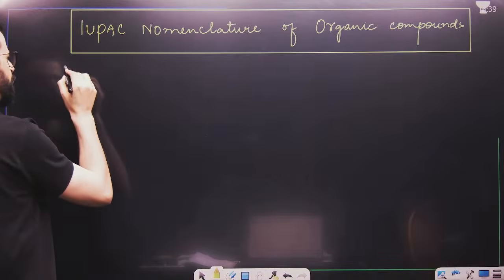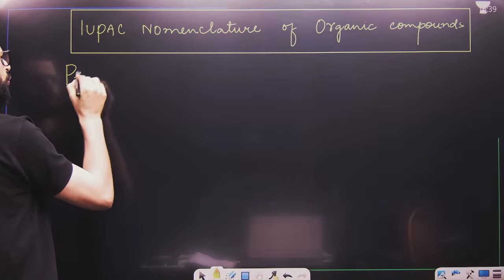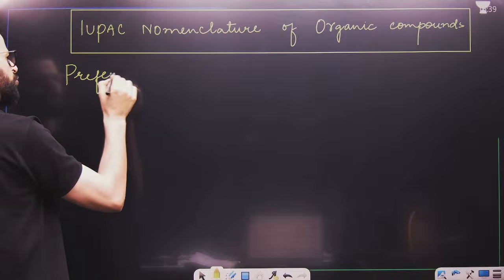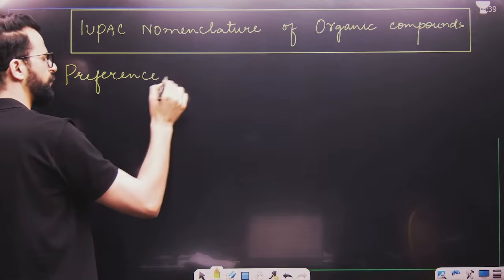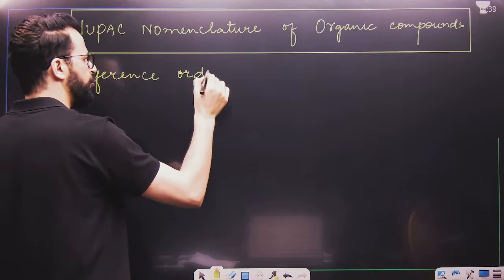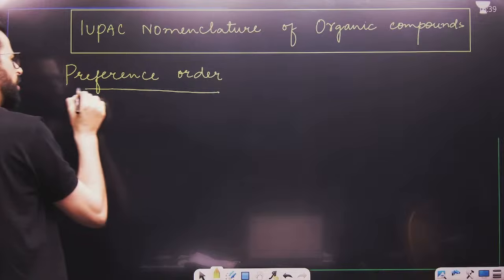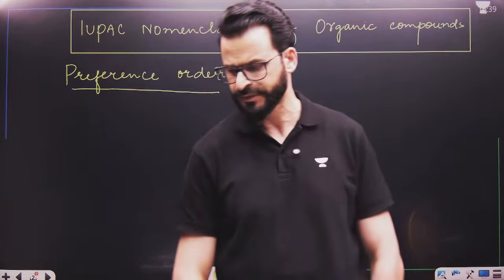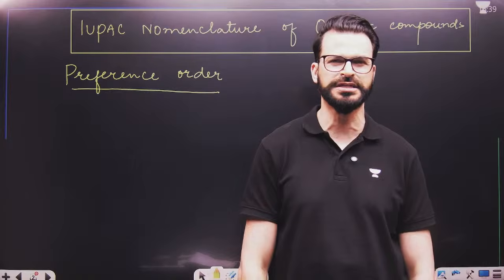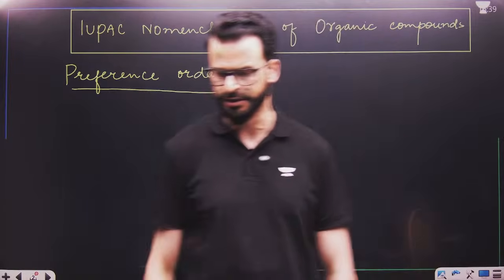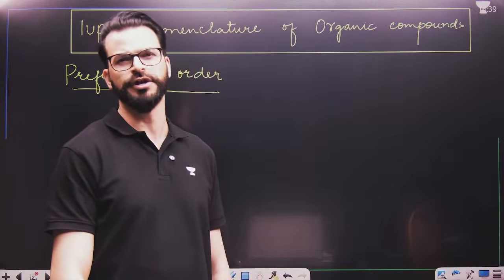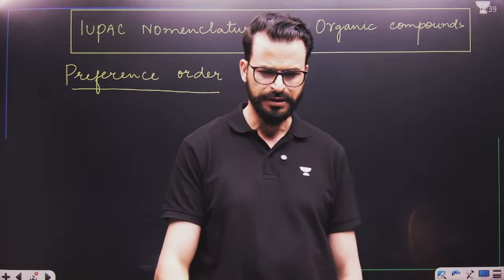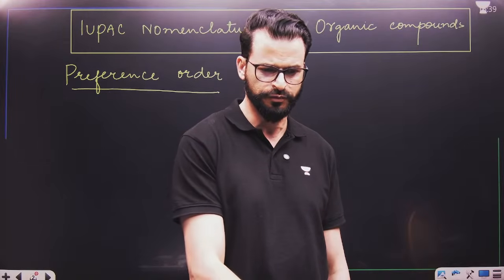And for those functional groups, you should know the preference order. You should know this preference order of all the different functional groups, my dear lovely students. First of all. Now tell me, is this point clear?